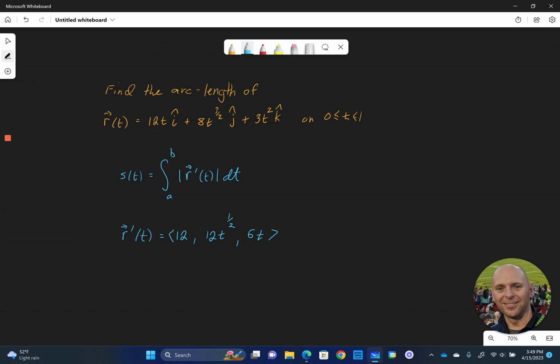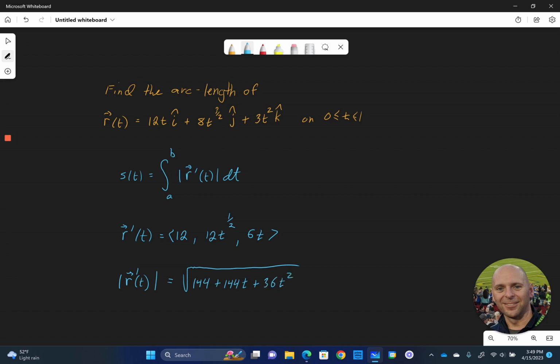And now we need its magnitude. That's going to be the square root of the sum of the squares of the individual components. So 144 plus 144t plus 36t squared.